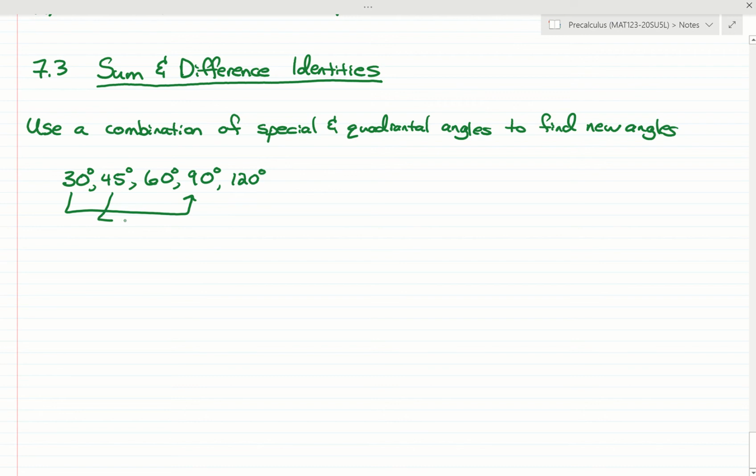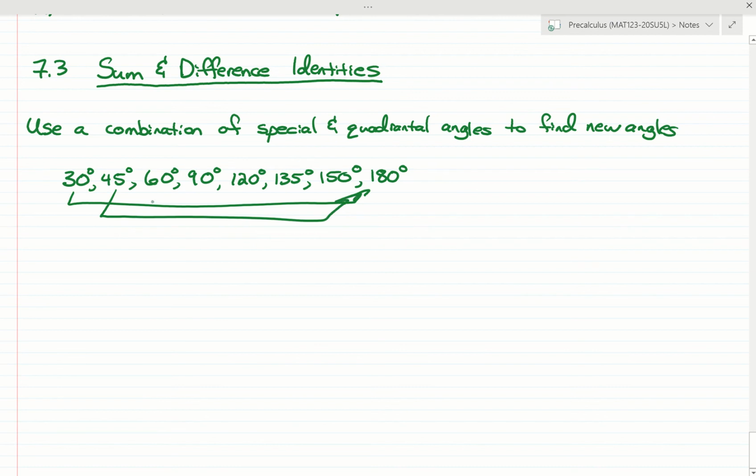You might remember that when we were evaluating special trig functions. 45 plus 90 is 135. 60 plus 90 is 150. 90 plus 90 is another quadrantal angle. So you can see what we're doing here, right? You could take 30 and add it to 180, 45, add it to 180, 60, add it to 180, 90, add it to 180, and we could just keep coming up with more special and quadrantal angles.